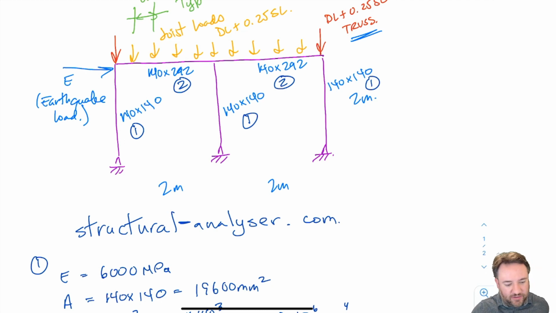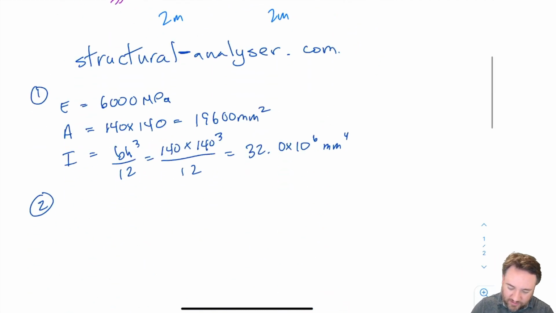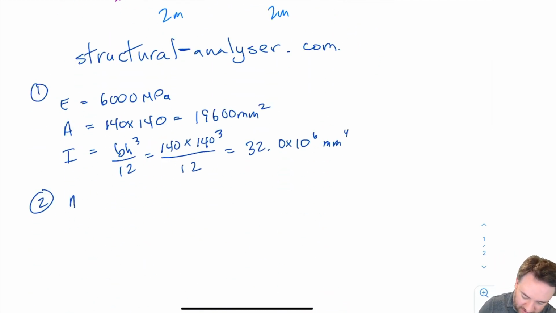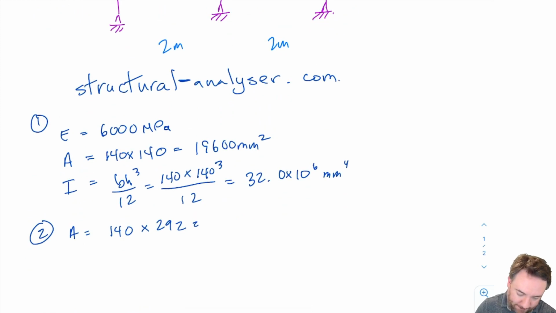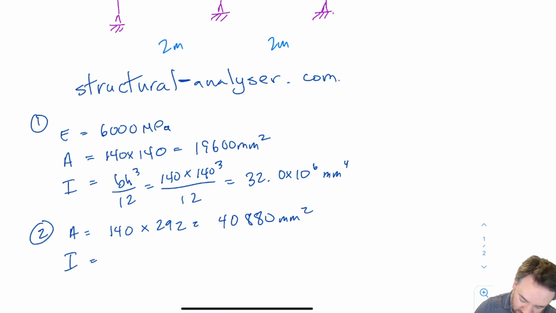So the I that I calculate is going to be the strong axis I. For this one, E is the same, but A is going to be 140 times 292, which is 40,880, and the I is going to be 140 times 292 cubed divided by 12.